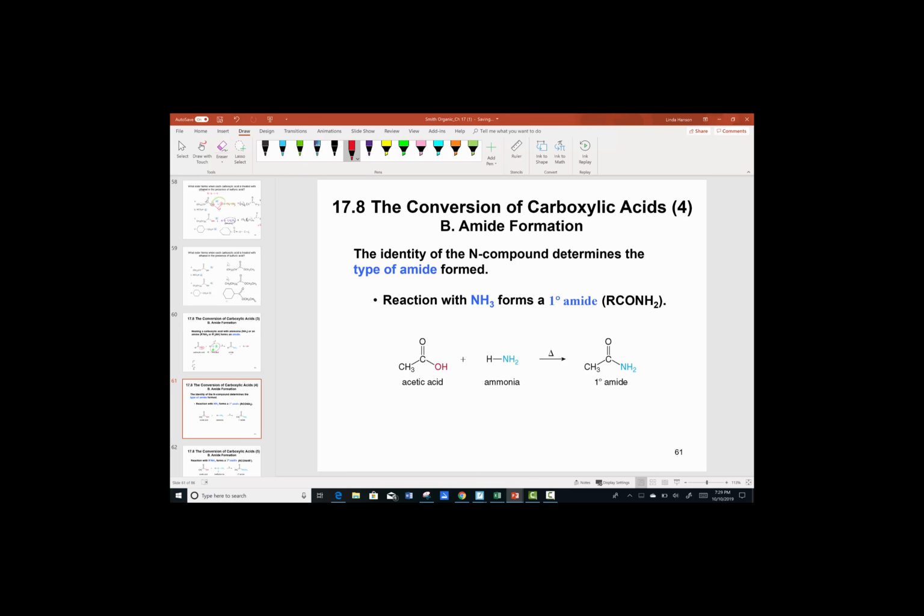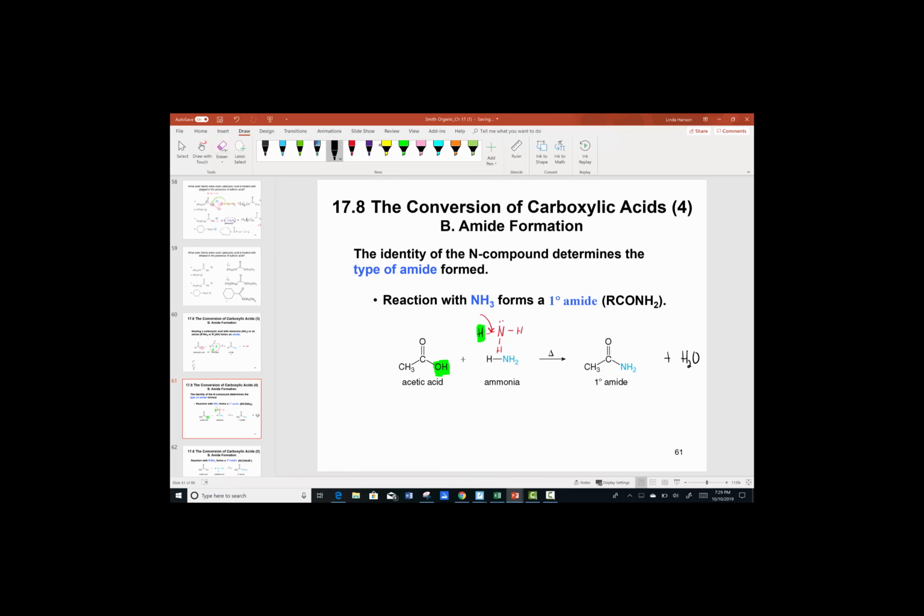Let's practice more specifically. Here we have ammonia, NH3. If I look at that structure, one of those NH bonds is going to break. And remember that a hydrogen and the OH from the acid combine to make water. So there is a water molecule being lost.